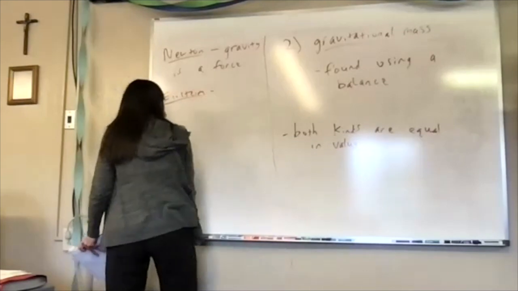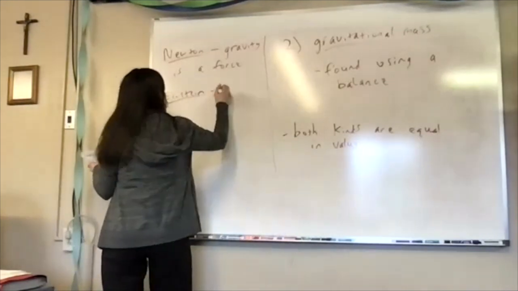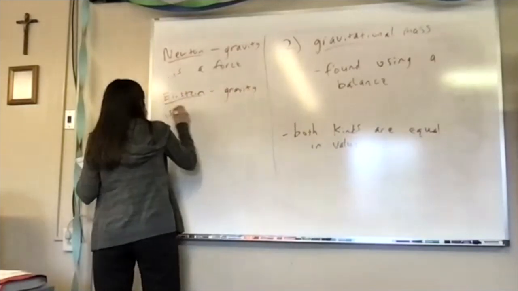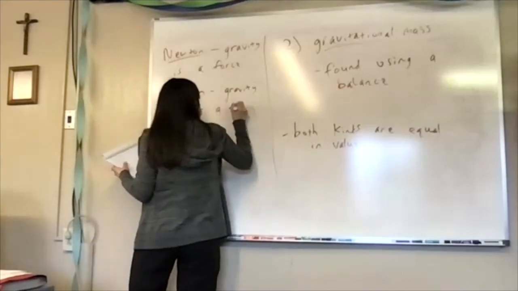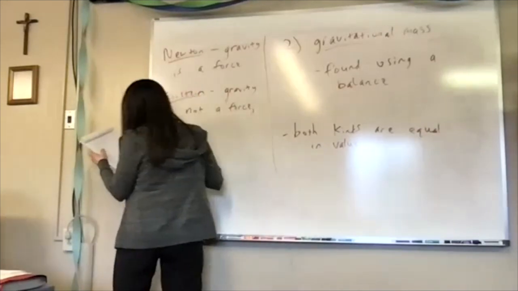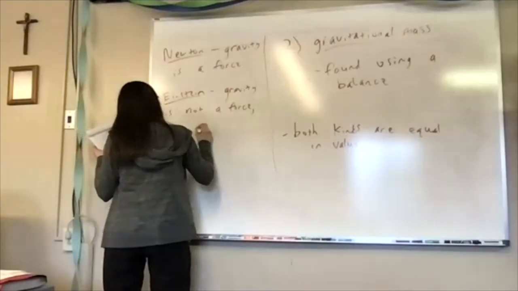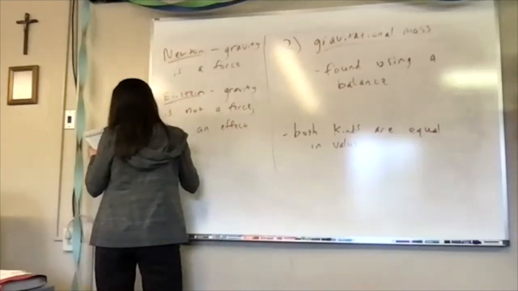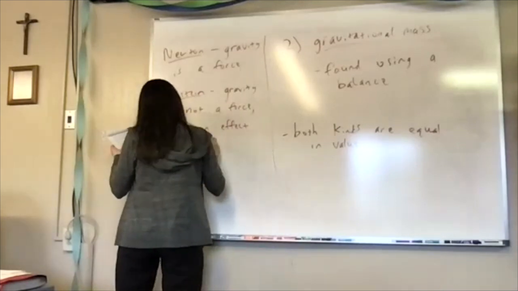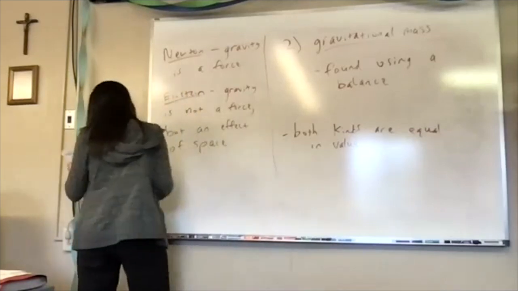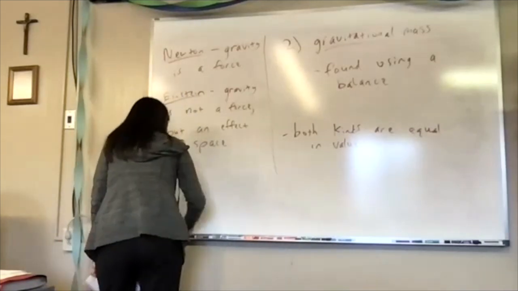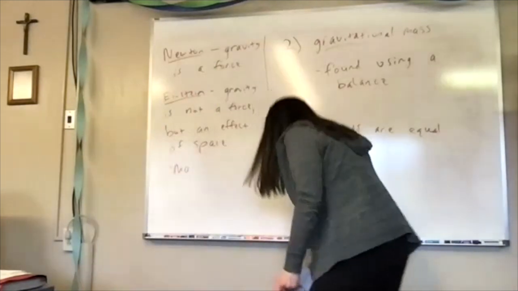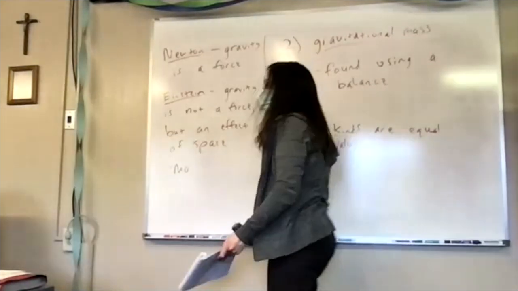He said that gravity is not a force, but an effect of space. Basically, what he said is that mass changes the space around it, which then seems to show a force, although it's really not a force.